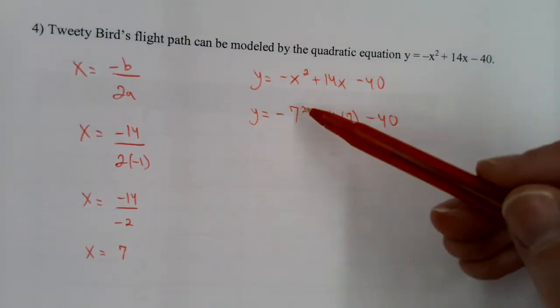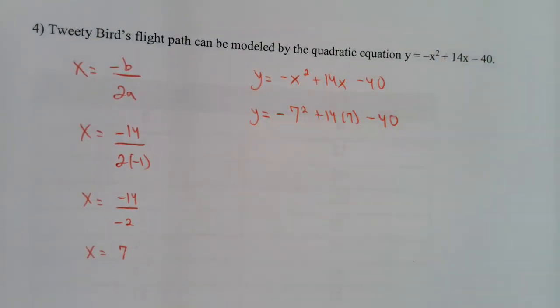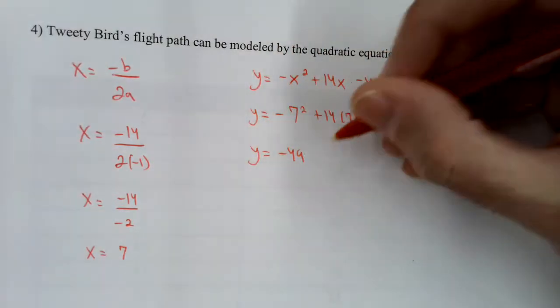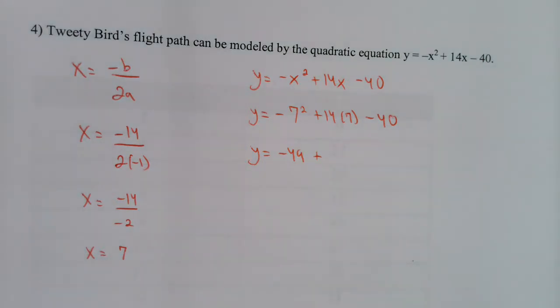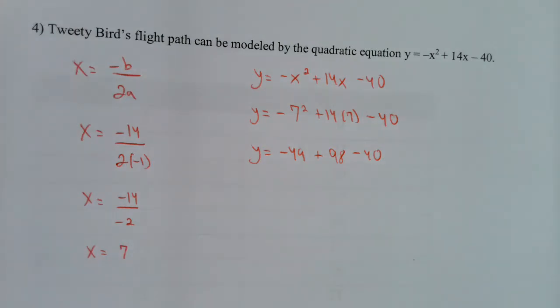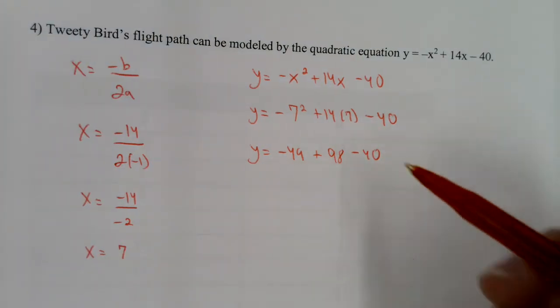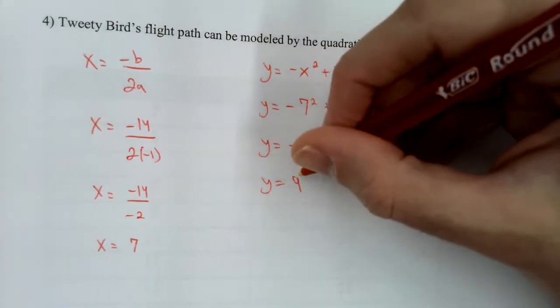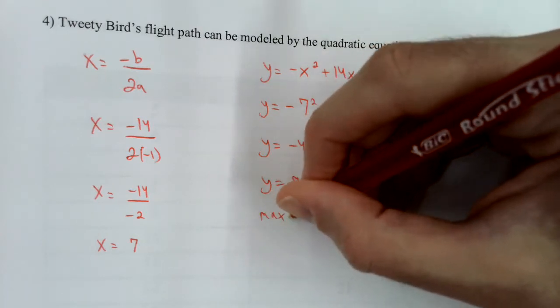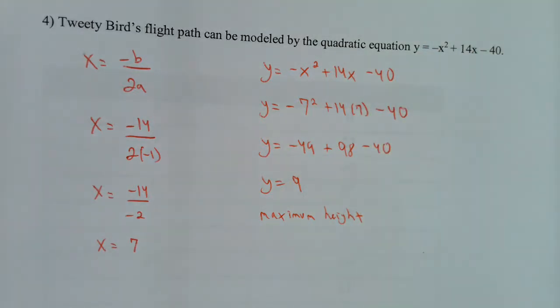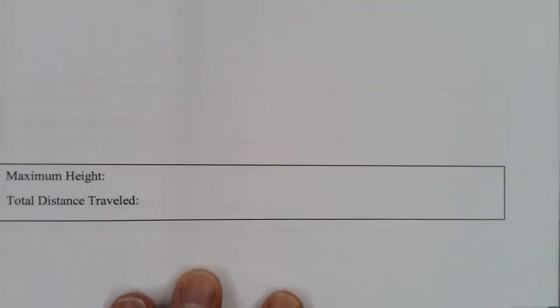Order of operations, 7 squared first, then times negative 1. 7 squared is 49, times negative 1 is negative 49, plus 14 times 7 is plus 98, and then minus 40. Negative 49 minus 40 is negative 89, plus 98 equals 9. So y equals 9. That is the maximum height. Let's label that below.